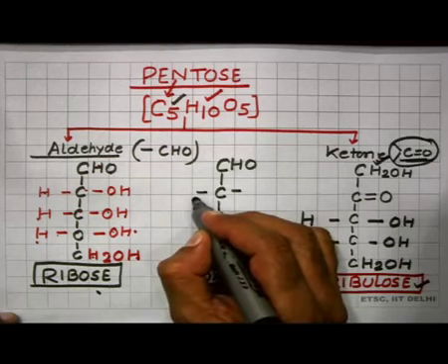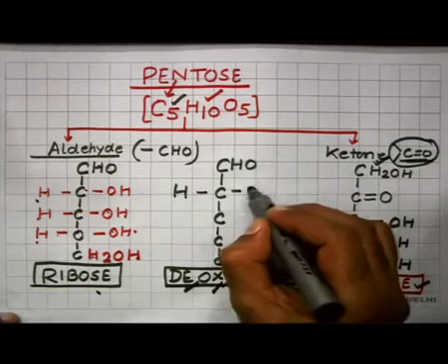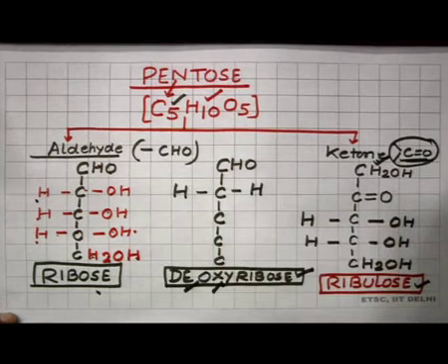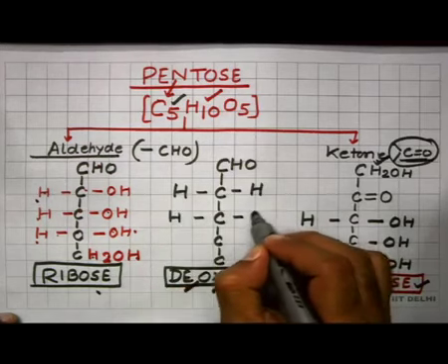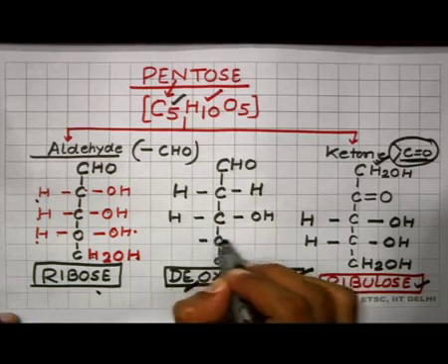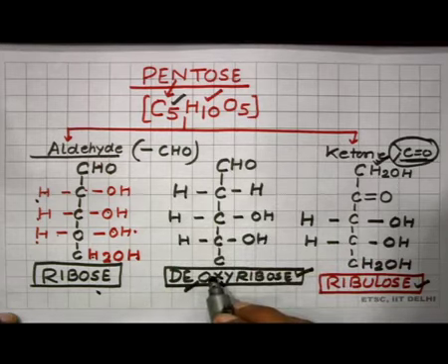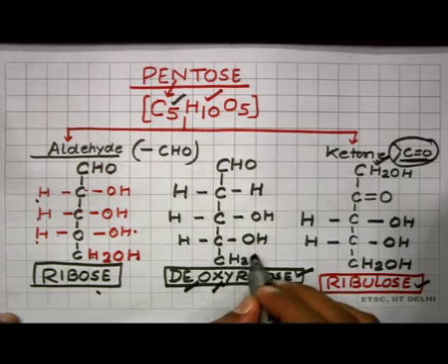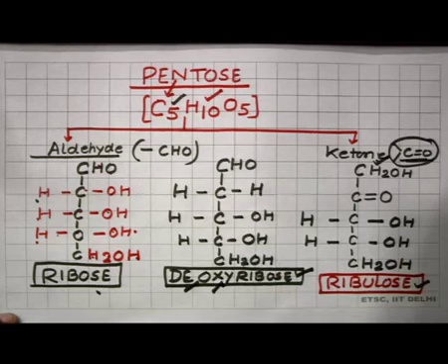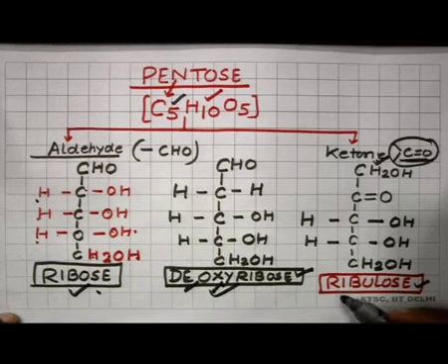In ribose sugar there are H and OH, here O is deleted and only H remains. Then, same as ribose, H, OH, H, OH. At the last position there is CH2OH. So, we can easily write the formulas of ribose, deoxyribose and ribulose.